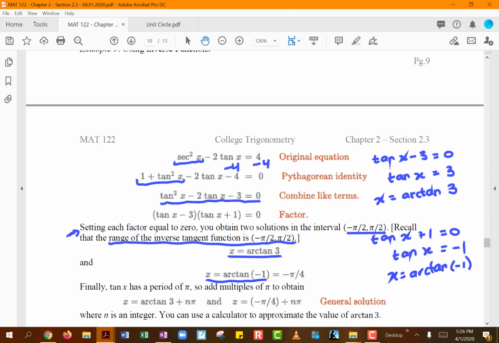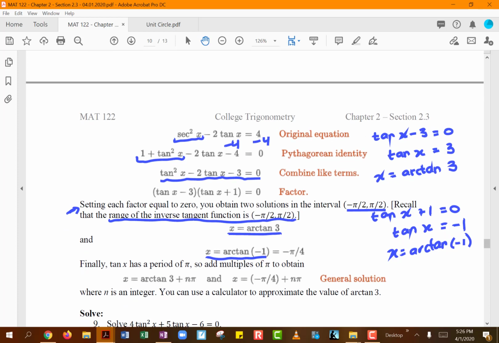And so by using the inverse functions, we're changing our interval here. In that interval, you have to think about where arctangent of 3 is going to give you an answer, and for x equals arctangent of -1, what does that value come up to?